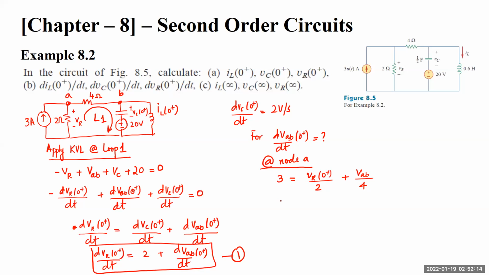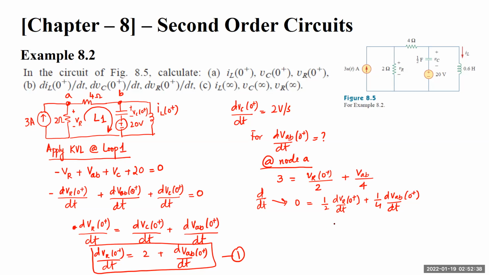Now differentiate it, d by dt. If we differentiate it, we get 0, we get 1 by 2 dVR by dt, and we get 1 by 4 dVAB by dt again at 0 positive.